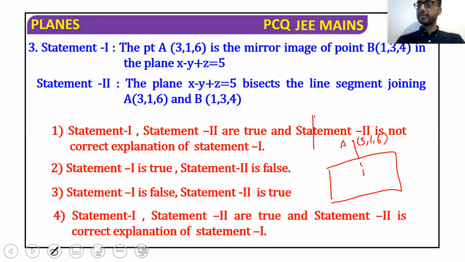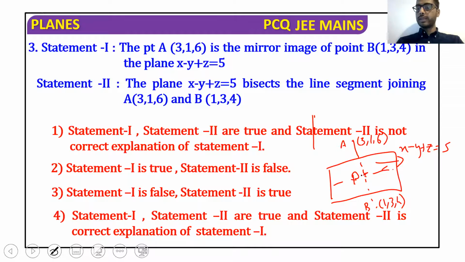It will meet my plane at point, say suppose P, and the image is there. Suppose image is B, which is 1, 3 and 4. An equation of this plane is given as x minus y plus z is equal to 5.